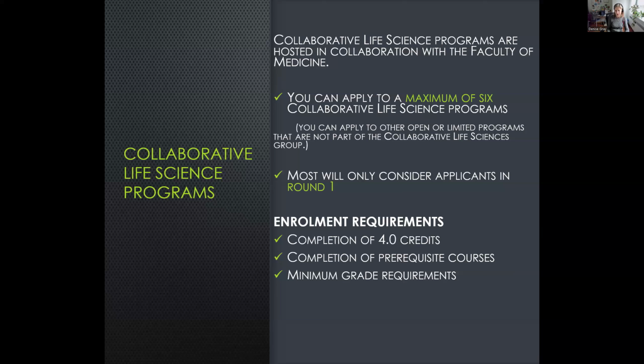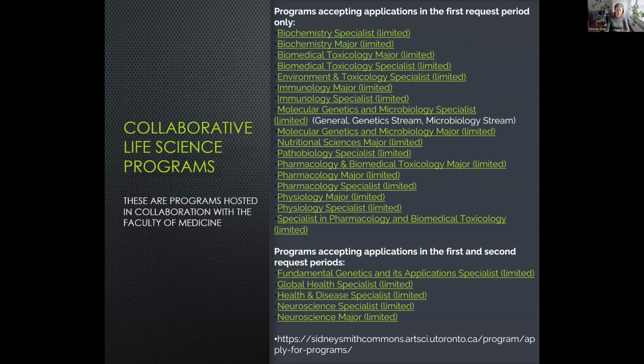So you can look in the academic calendar and find out those details. For the collaborative life science programs, you can apply to a maximum of 6. Remember that most applicants will only be considered in round 1, and decisions come out in 3 different iterations.